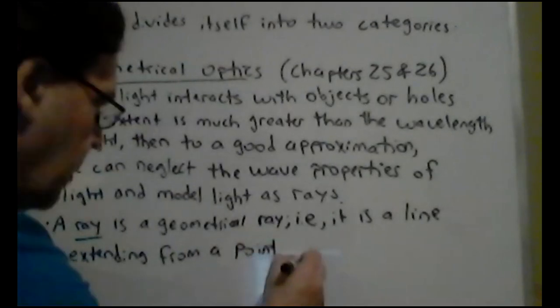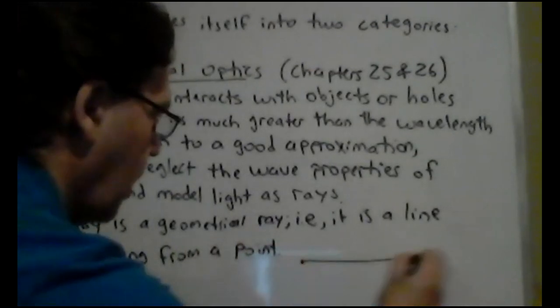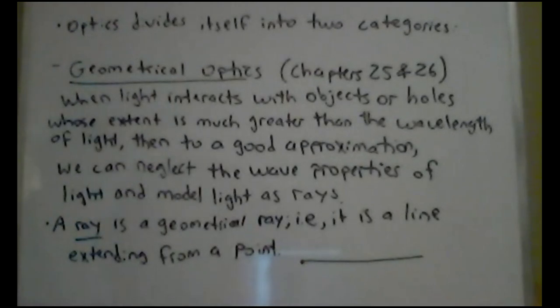You make a ray, start off with a point, then you draw a line. There's your ray. It's a line extending from a point. So a ray is the same as a ray that you studied back in your geometry class.